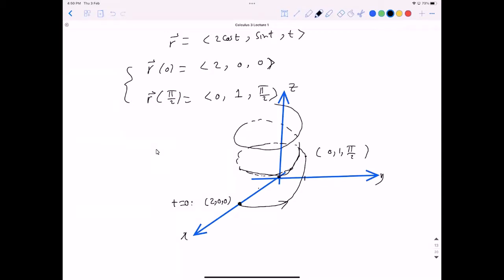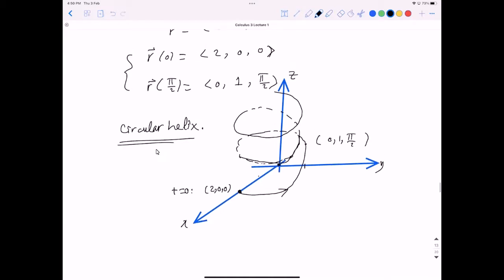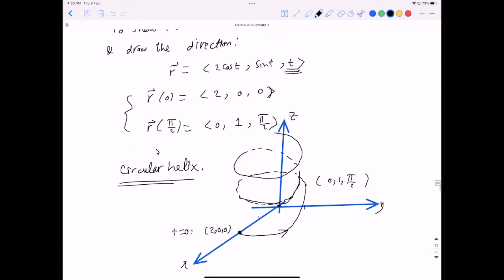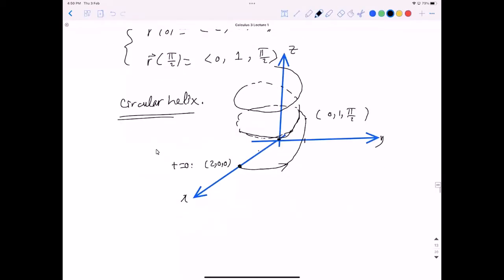It goes in the direction of z because this z is t instead of a constant. So it is a circle in xy: the projection of this helix on the xy plane is a circle, circular helix.